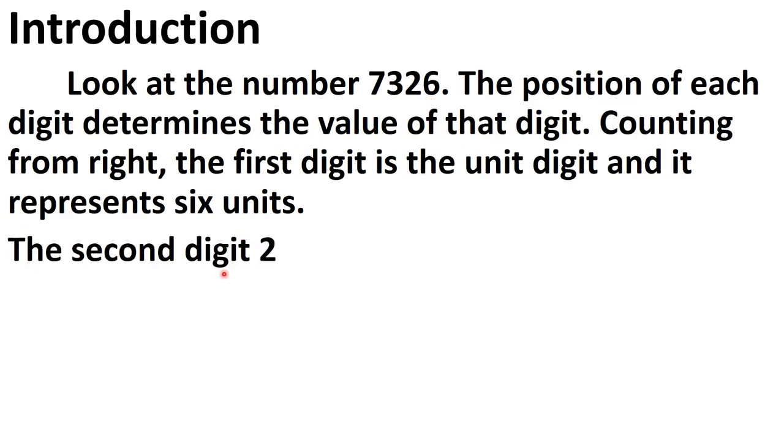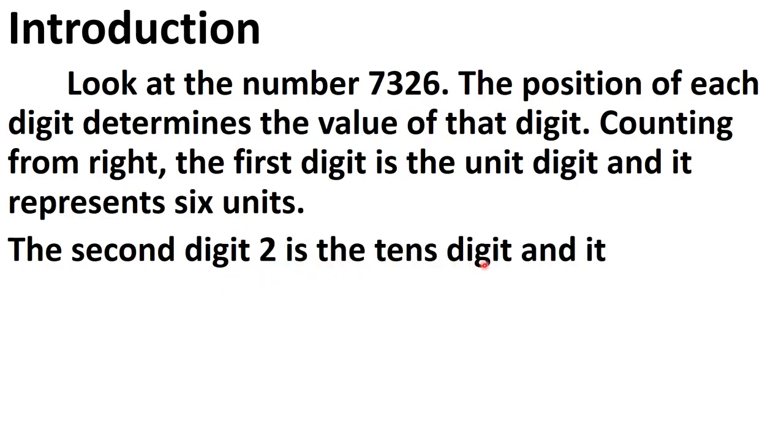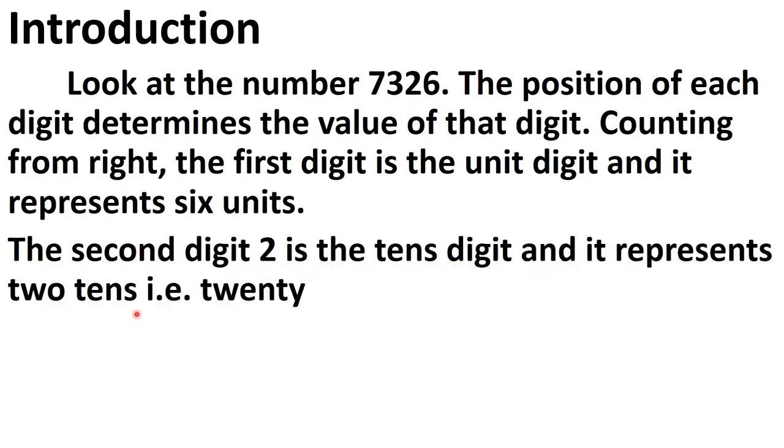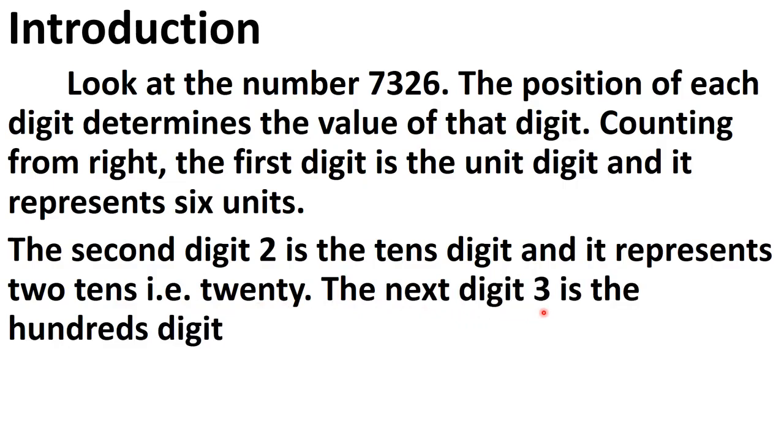The second digit 2 is the tens digit and it represents 2 tens, that is 20. The next digit is at hundreds place, so it is the hundreds digit and it represents 300. You all know that when the digit is at tens place, we multiply the digit by 10 and it gives us the value of that digit.